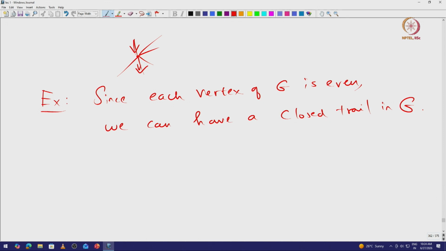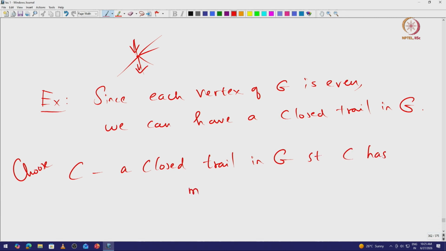Then what we do, we just choose a closed trail of maximum possible length in G. So, let us say C is a closed trail in G, chosen such that C has maximum length in G. There are only finitely many closed trails possible, so we can choose the maximum length.